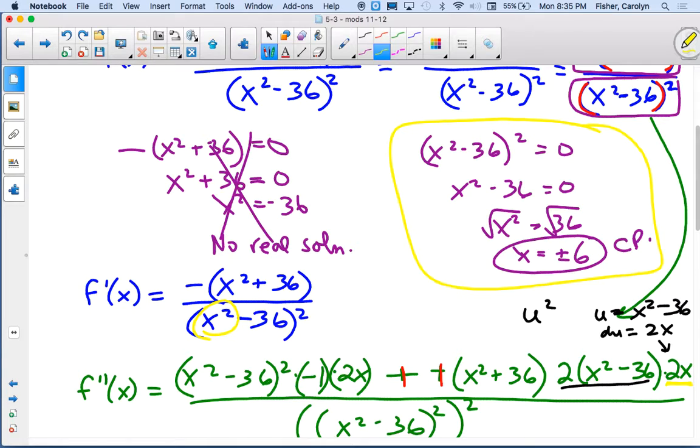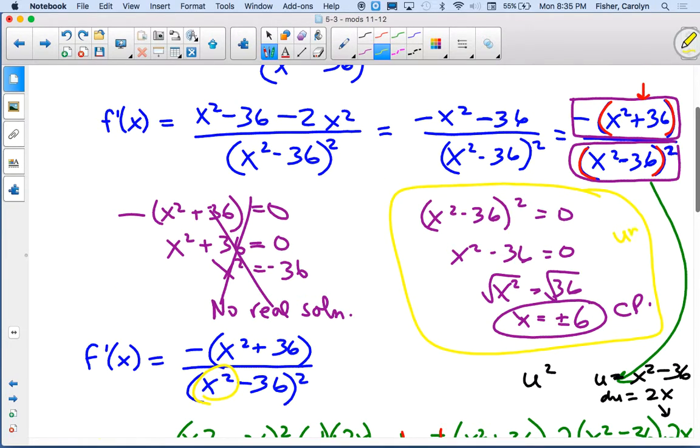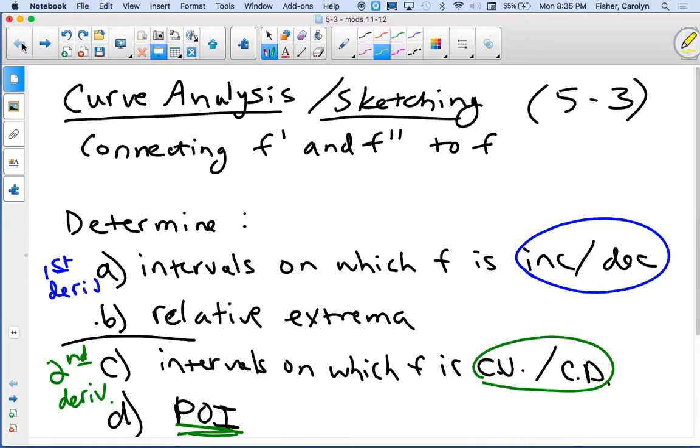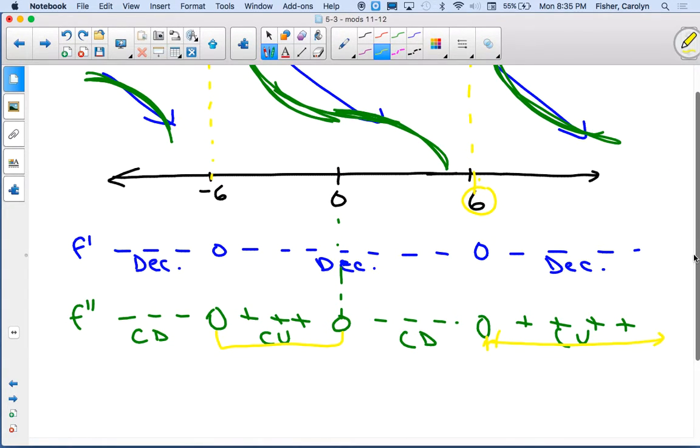So it is still a critical point, but that would be when my derivative is undefined, not when it's equal to 0. I like to note in my curve analysis here, by putting undefined for these places instead of putting 0. So again, my apologies.